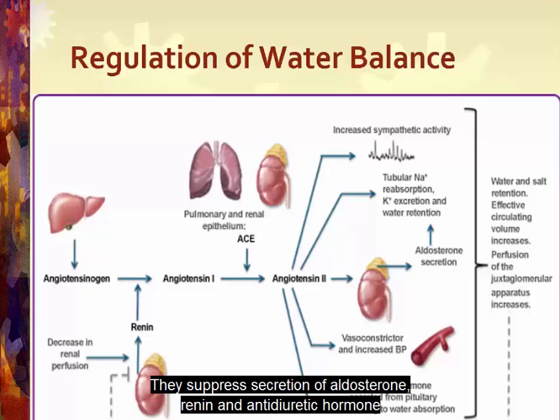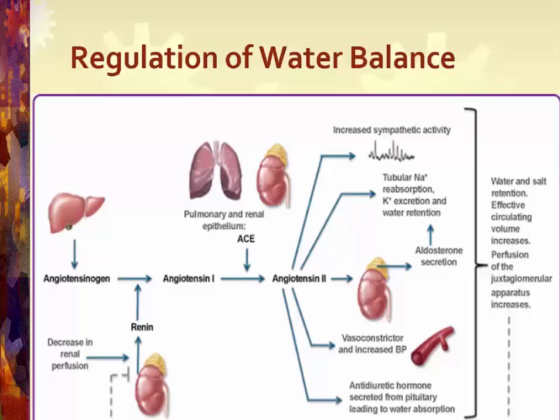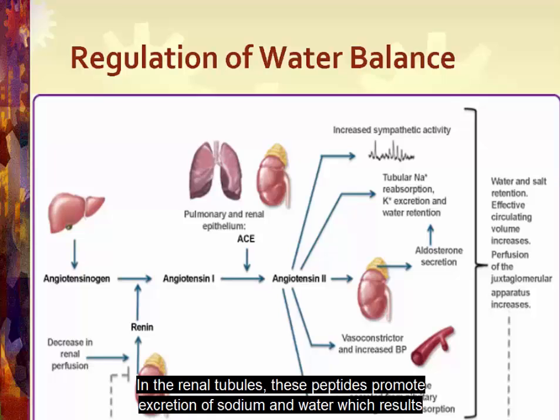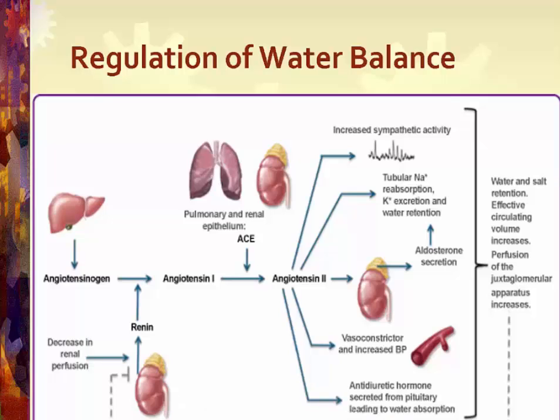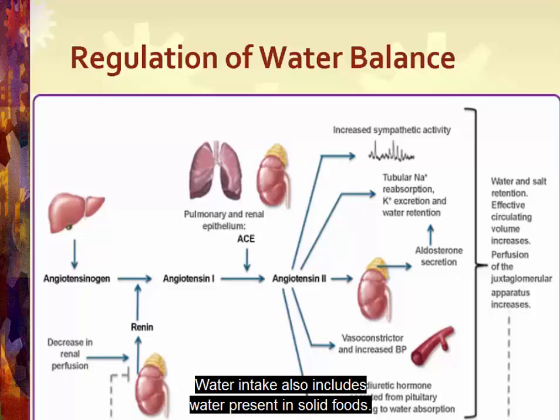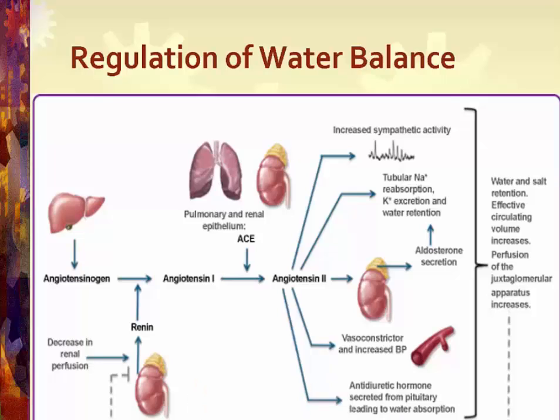They suppress secretion of aldosterone, renin, and antidiuretic hormone and the action of angiotensin II. In the renal tubules, these peptides promote excretion of sodium and water, which results in a decreased blood volume and pressure.